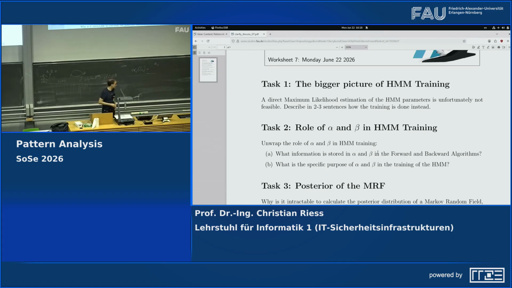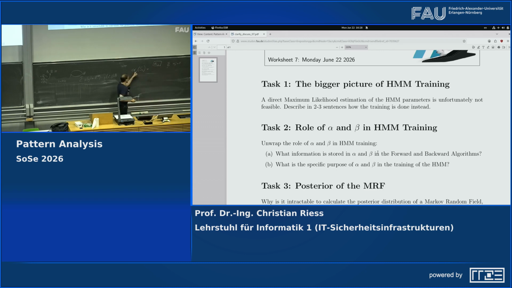You're talking about transition probabilities. So this is the probability to go from state i to state j, and the sum over all outgoing probabilities over all ij is 1.